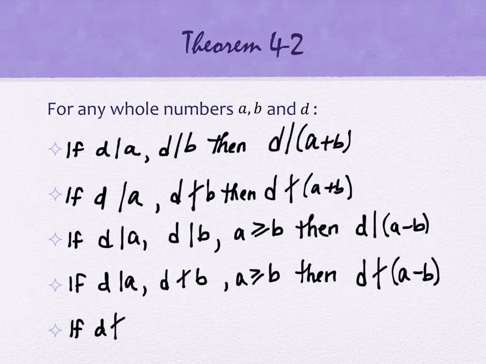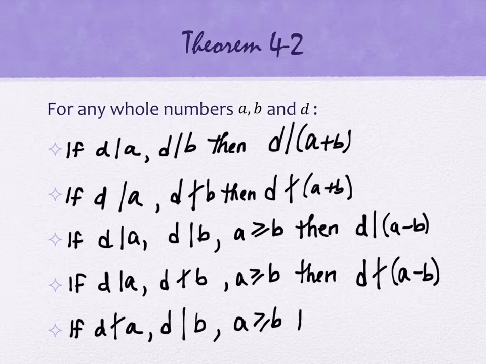If D does not divide A, but D does divide B, so it looks like the reverse of the sentence before, right? Still A is greater than or equal to B, then D does not divide A minus B.